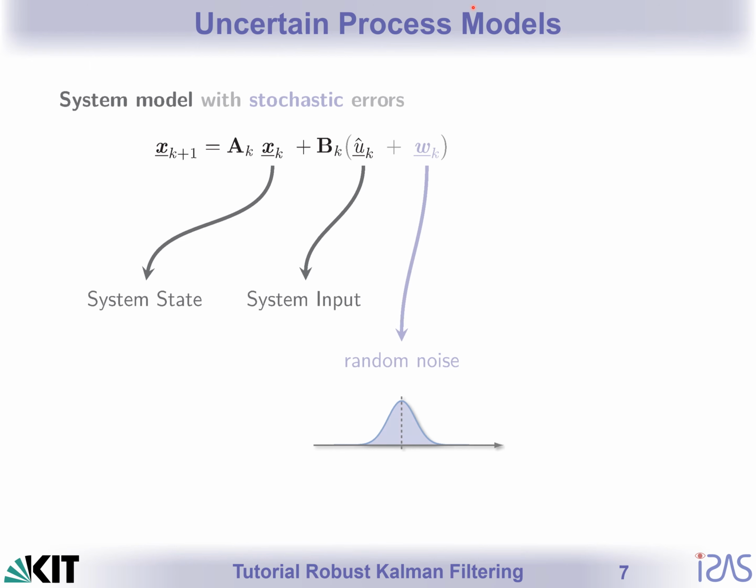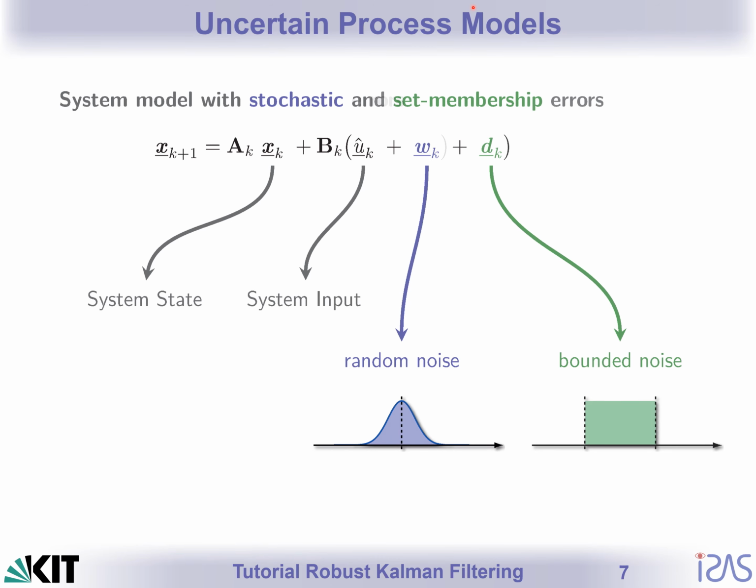If you say there are stochastic uncertainties, you further add a random noise term in there that you consider in your filter. If you also include set membership errors, there's another error term. But for this, you do not know the distribution. You just know it's somewhere in this region, and you cannot specify any probabilities for that.